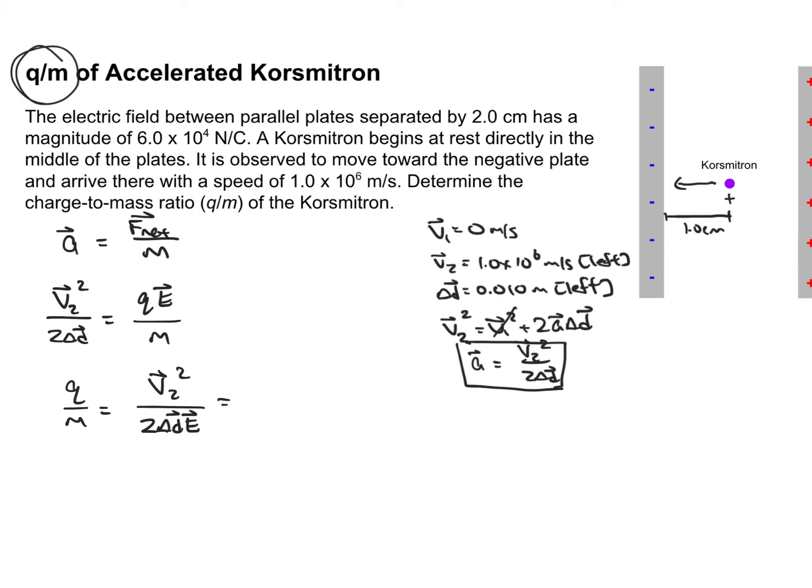Okay, so I'll put in the values. All these values are to the left. The final velocity is to the left, the displacement is to the left, the electric field is to the left.